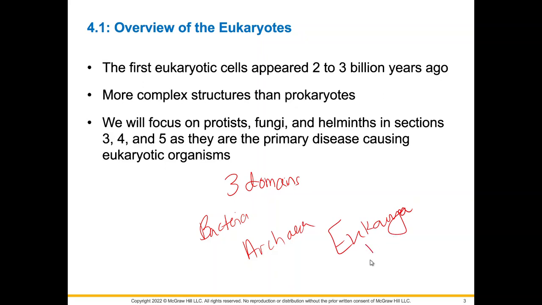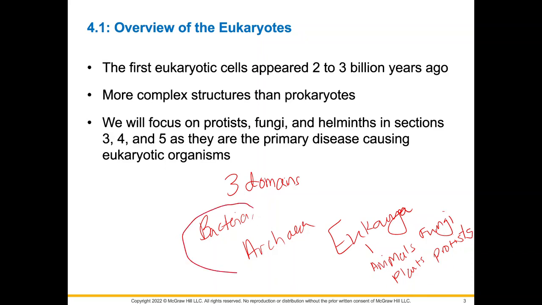So these are things like animals, plants, fungi, and protists. So again, eukaryotic cells are found in domain eukarya, and that includes the categories of animals, fungi, protists, and plants.